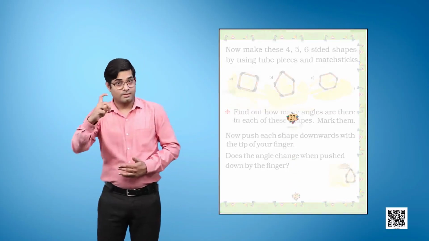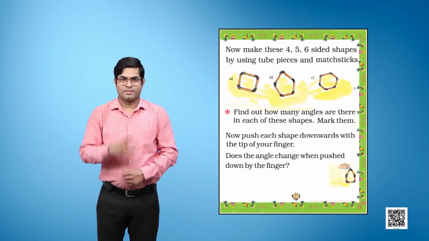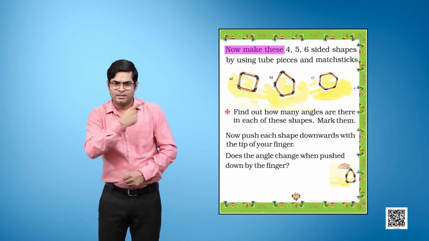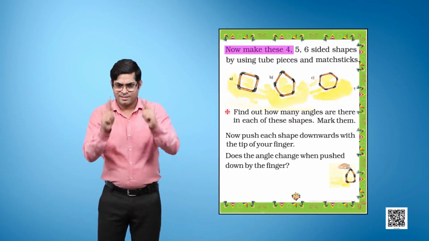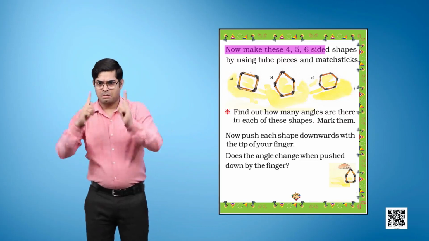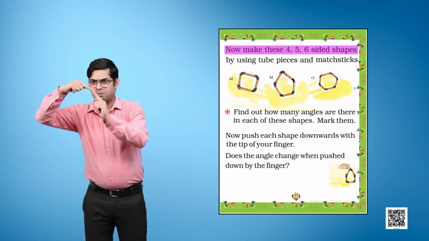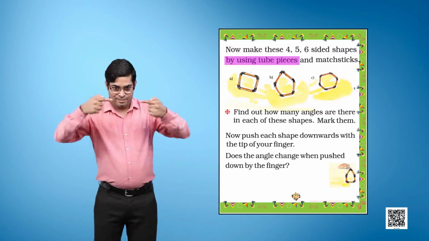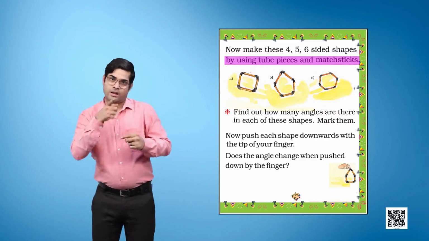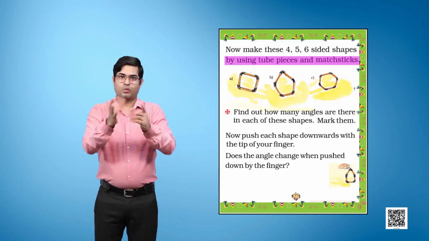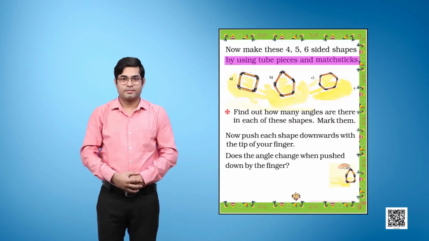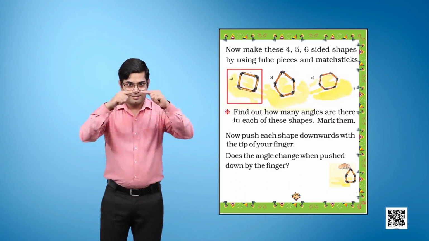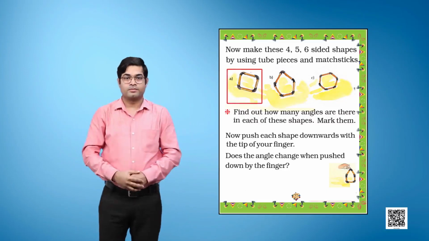Page 27. Now make these 4, 5, 6-sided shapes by using tube pieces and matchsticks. A. 4-sided shape or a quadrilateral.